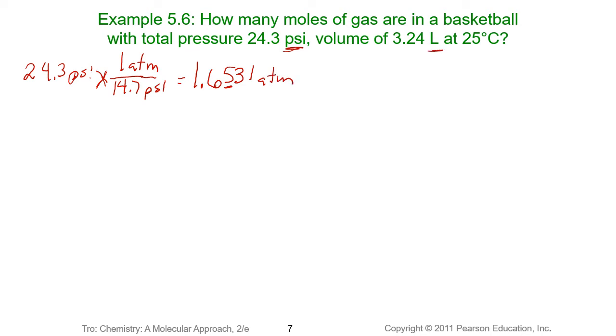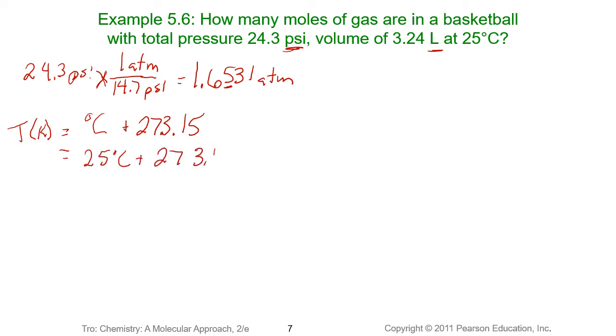Our liters, that is all right. Volume wants to be in liters, but our temperature is going to need to be converted. And so temperature in Kelvin is the degrees Celsius plus 273.15. So if we put 25 degrees Celsius into our equation, we see that our temperature is 298.15 Kelvin.